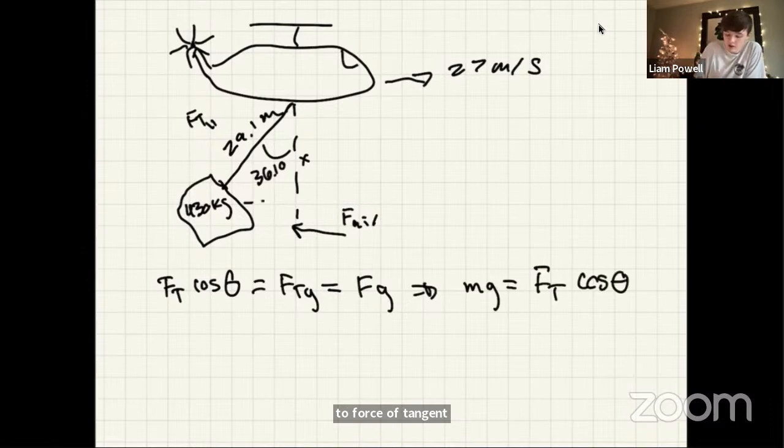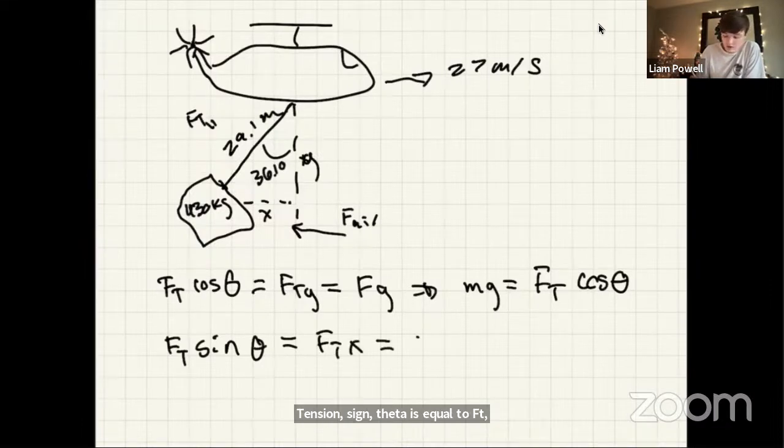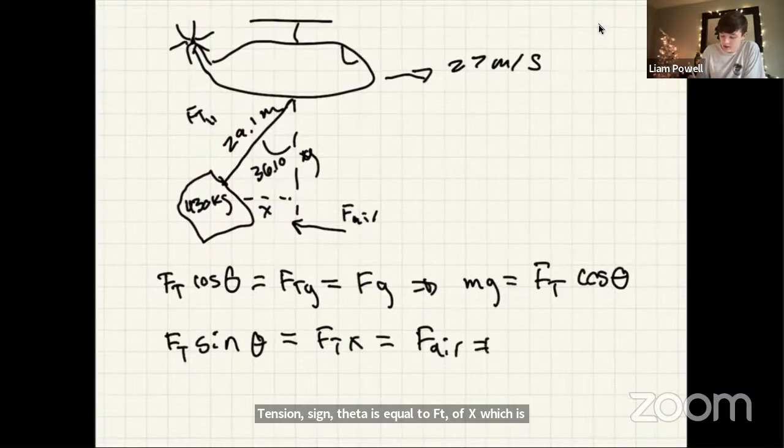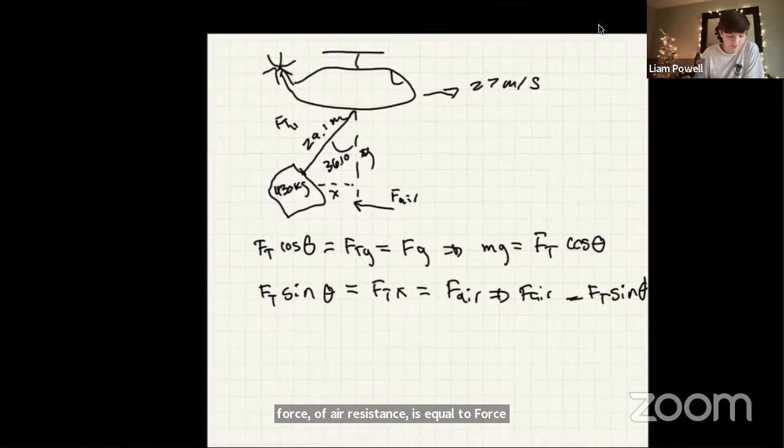And then for the x, force of tension sine theta is equal to the force of air resistance.